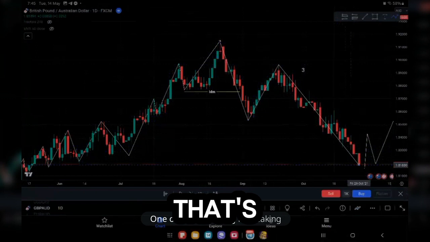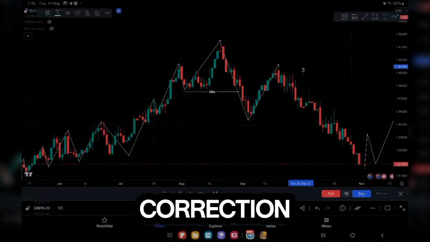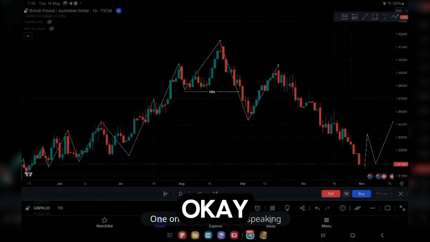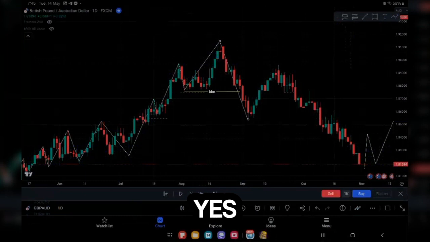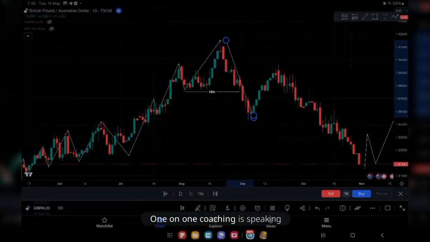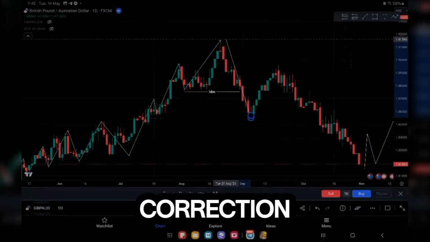No. That move that took out the inducement, that's a correction. Only this move. Okay. That is the correction.